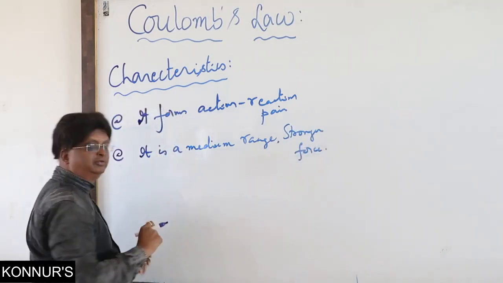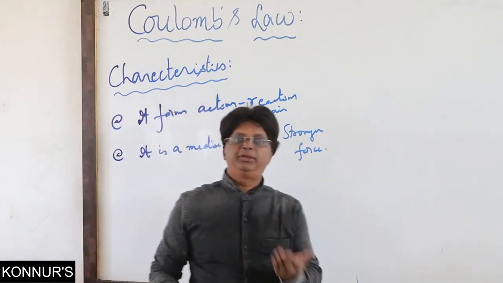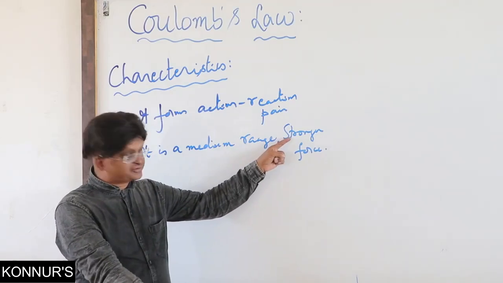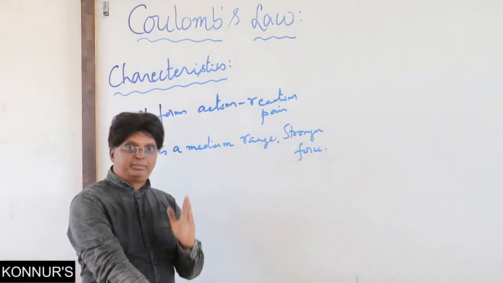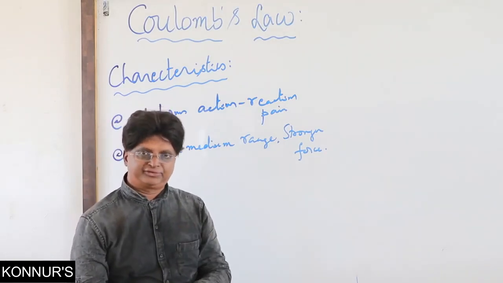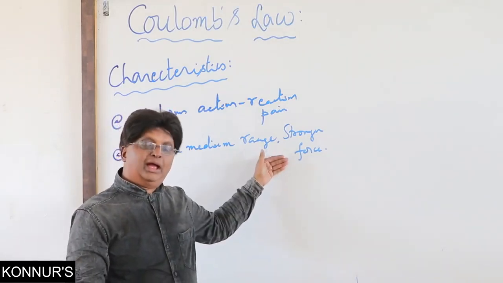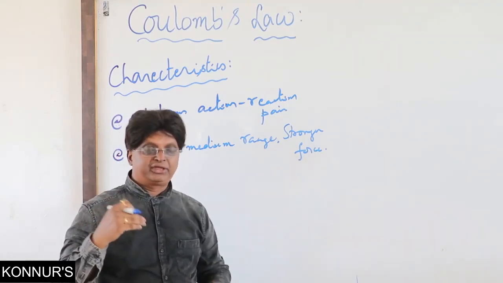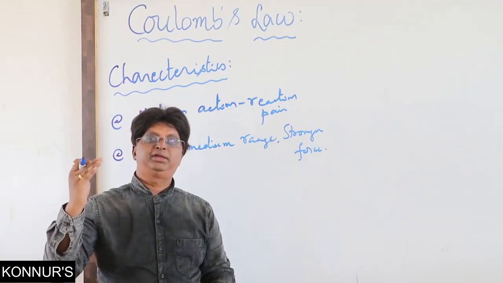Again, when I am using these words, it will be in the relative sense. This is a stronger force in comparison to gravitational force. Gravitational force is the weakest. As compared to gravitation, it is very, very strong, many orders, sometimes even of the order of 10 raised to 30, 35.